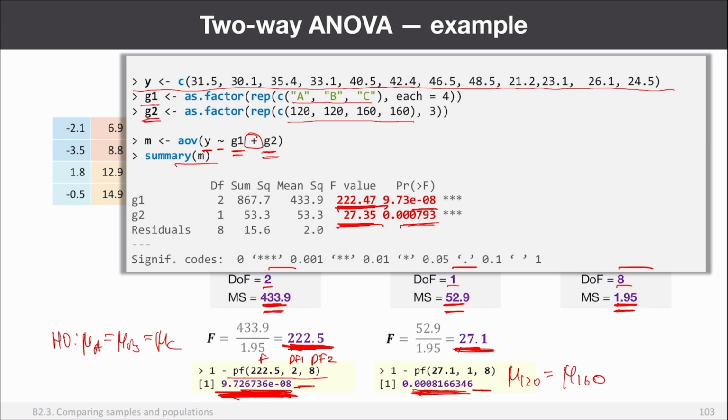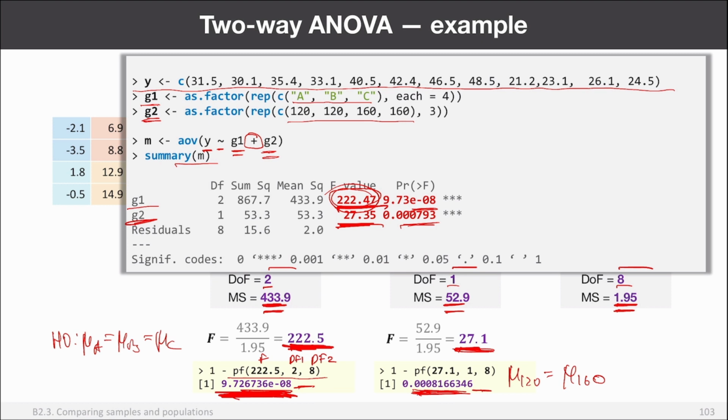Okay. So in this case, you can clearly see that we can expect that there is both an effect from the catalyst type and an effect from temperature. The only problem here is that we don't know how big these effects are. Well, we know the F value, that is kind of a size of effect, but we don't know, for example, what happens if we switch from catalyst A to catalyst B. How much more yield we can expect in this case on average.